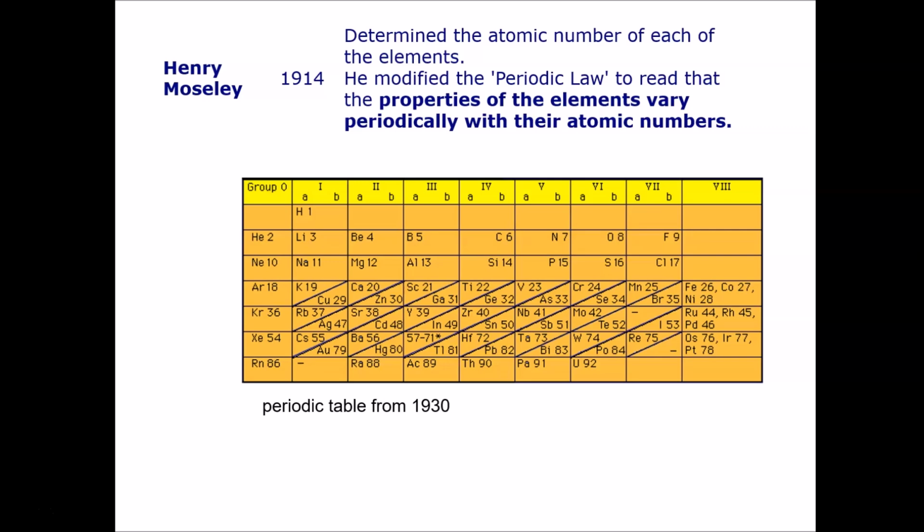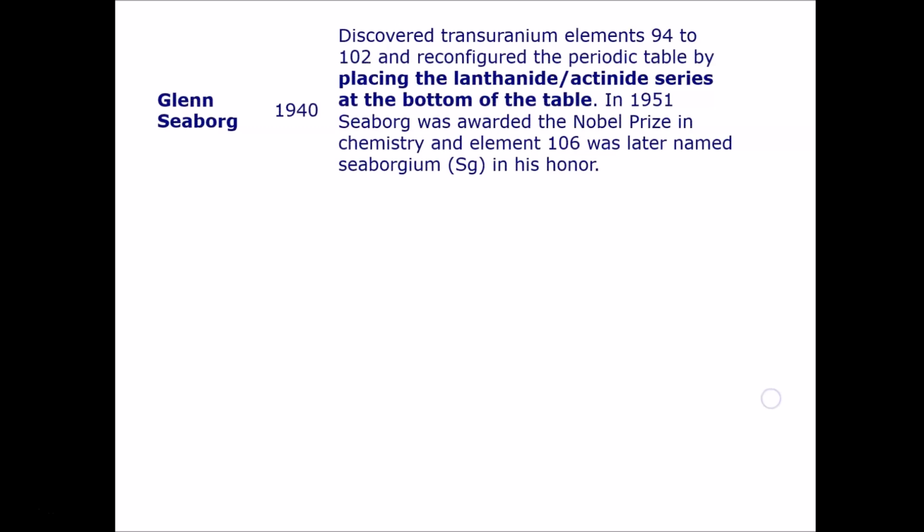Again, it still doesn't look exactly like the one we have today. This is a nice rectangle, and the one we have today doesn't look all nice and rectangular like this. So there's one big other change that happens right around World War II.